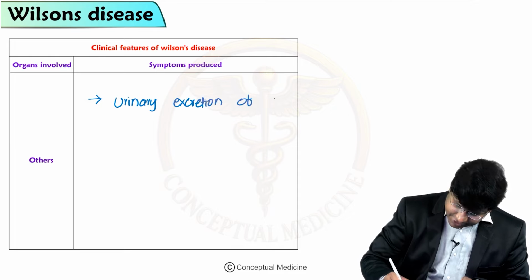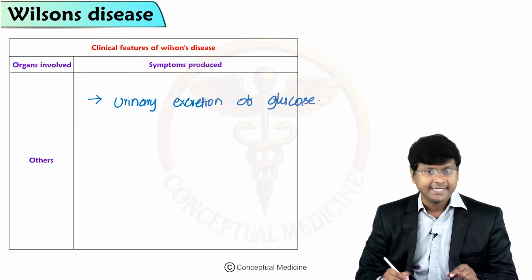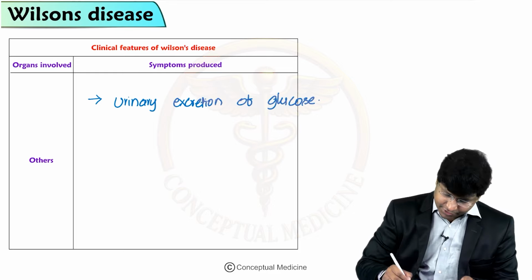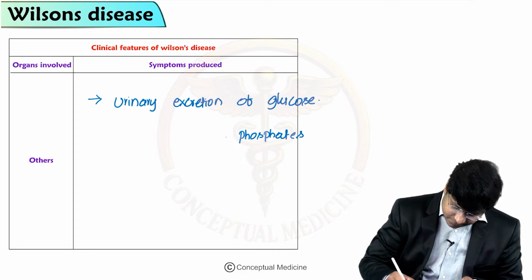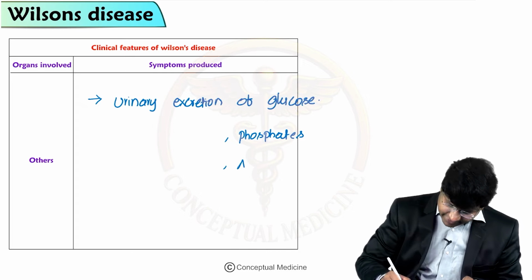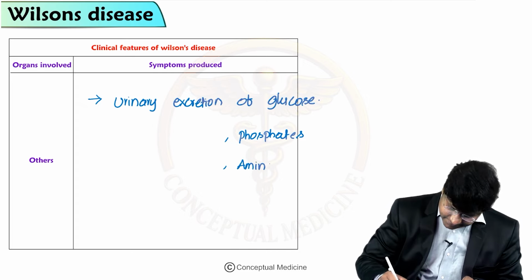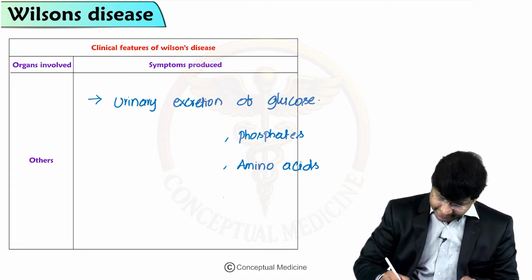This urinary excretion of glucose is mainly due to impairment of the proximal convoluted tubule, and not only that, there will be urinary excretion of phosphates, amino acids, and urate.